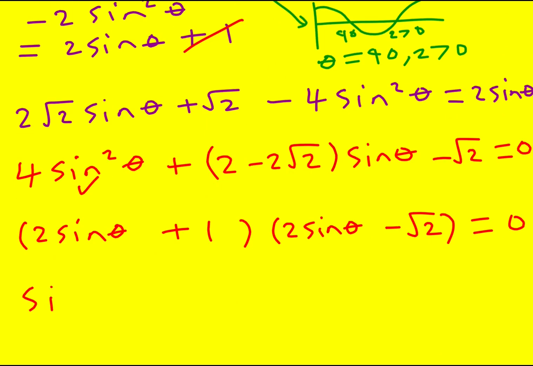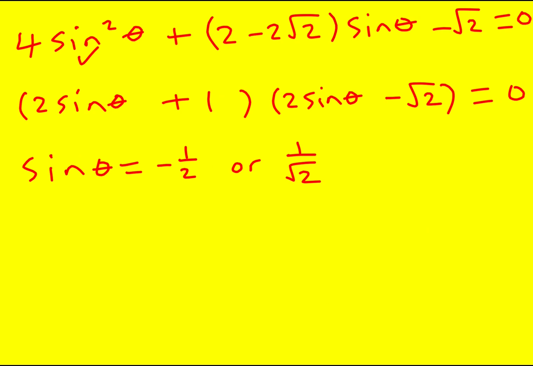So that means sine theta is equal to minus a half, or root 2 over 2, which is 1 over root 2. And now we just need to deal with this. So I'll deal with the minus a half first of all. It's going to be down here and down here.